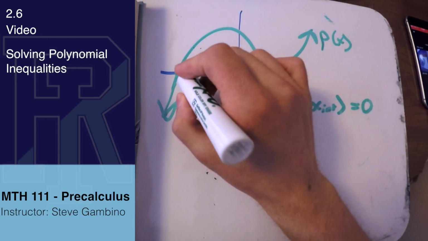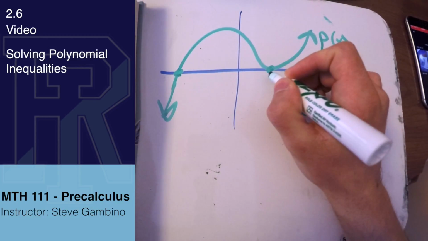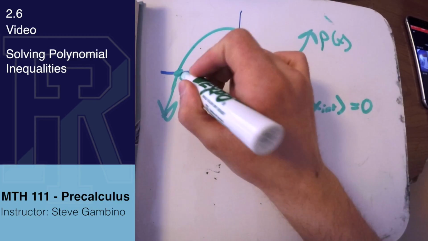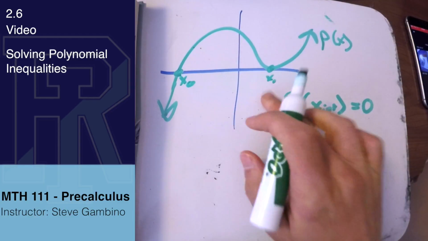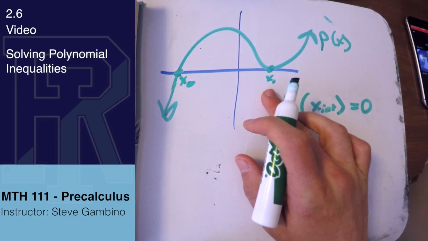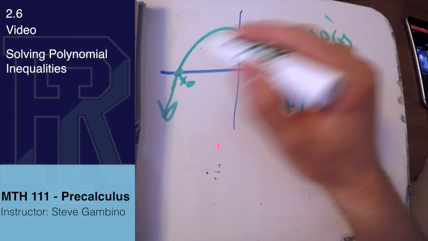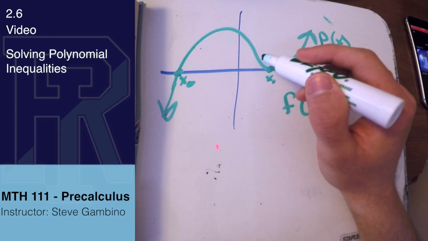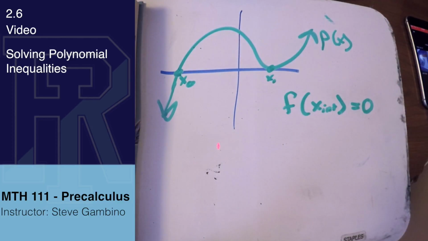Once we find those roots, it's just about understanding what is happening in between. So in this case, I'll call this one x0 and this one x1. What happens between x0 and x1? Well, that part of the function is positive, so it's above the x-axis. So we can say that that's greater than 0.